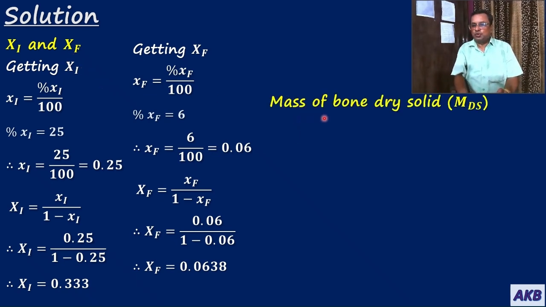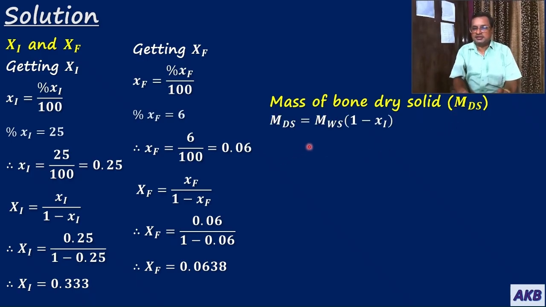Now let us get mass of bone dry solid, which we will denote by MDS. So MDS is MWS into 1 minus small xi, because small xi is a fraction of moisture in the wet solid. So 1 minus xi will be fraction of the bone dry solid.